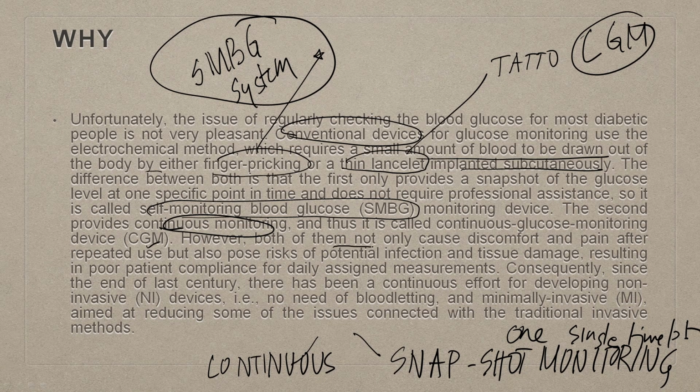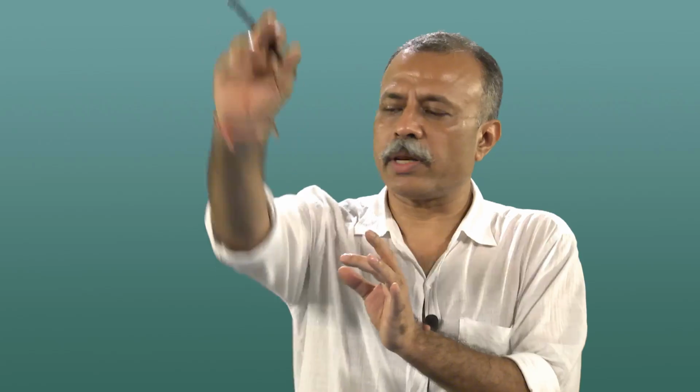However, both of them not only cause discomfort, pain after repeated use, but also pose risk of potential infection. This is extremely important. When I was mentioning that you need a sterile needle or pricking device, or you have an implanted tattoo, something like, if you could see it. So, there is an implanted tattoo.